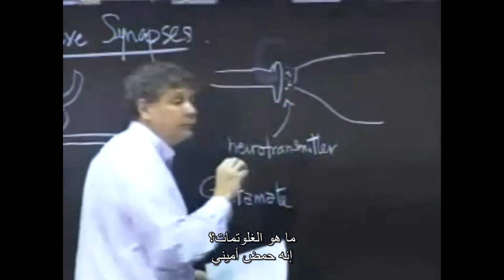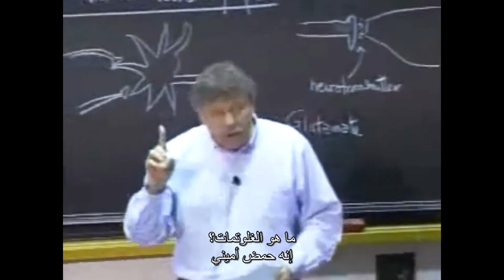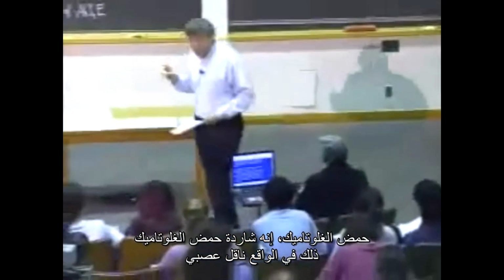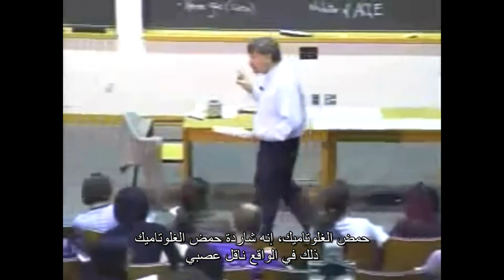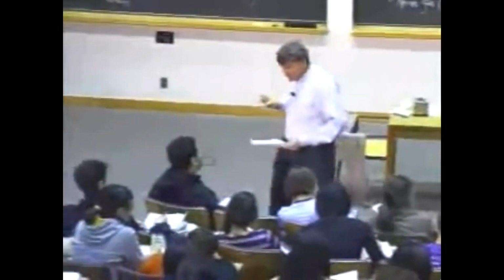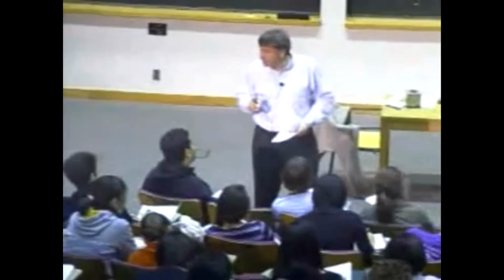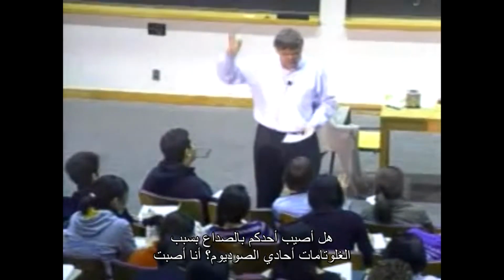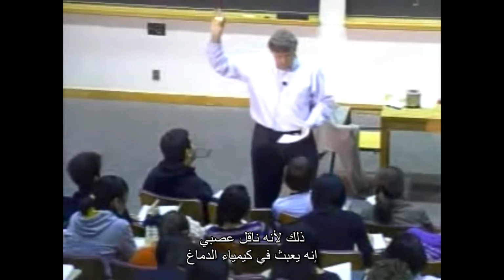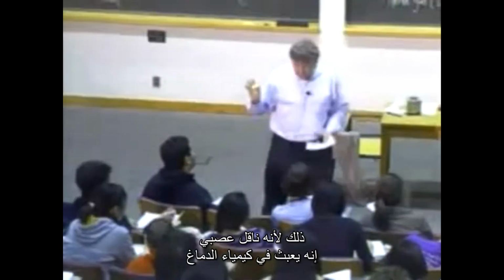What's glutamate? It's an amino acid. Glutamate is the ion of glutamic acid. That actually is a neurotransmitter. Ever had monosodium glutamate? Anybody gets a headache from monosodium glutamate? I do. That's because it's a neurotransmitter. It messes with brain chemistry.